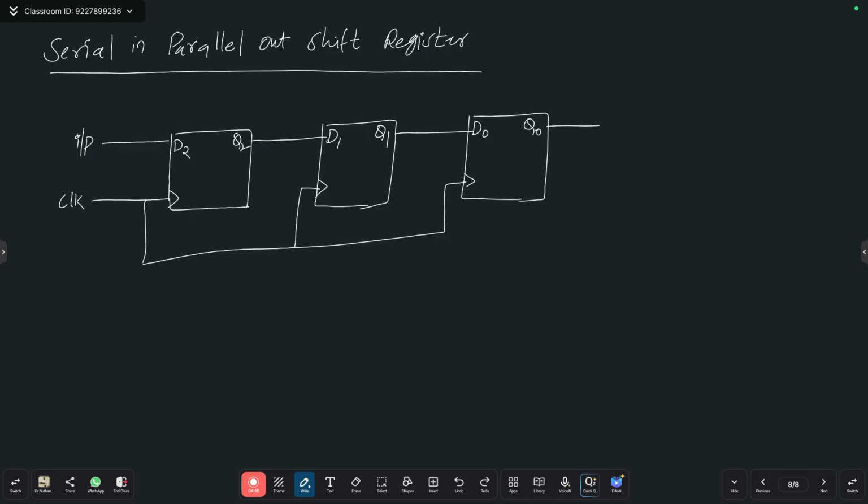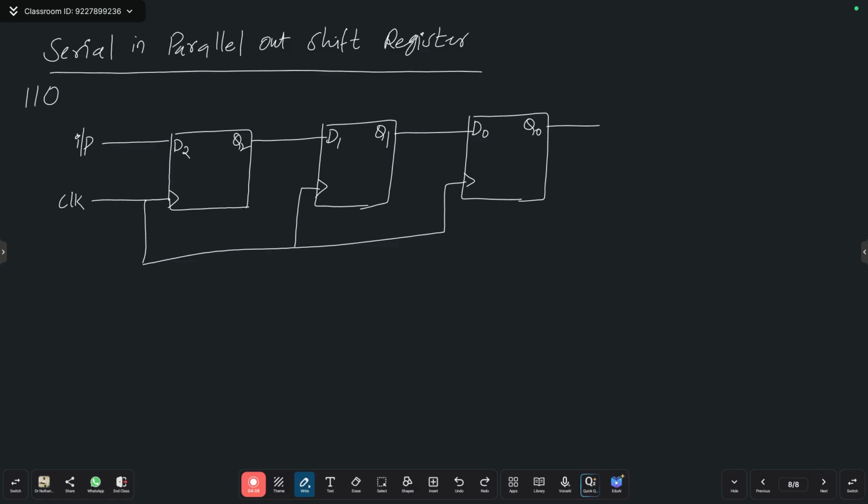Okay, got it? So now, sir, I wanted to transfer 110. So this is a circuit diagram for the serial in, parallel out, SIPO.